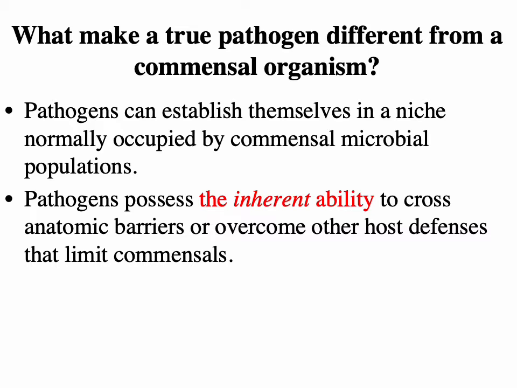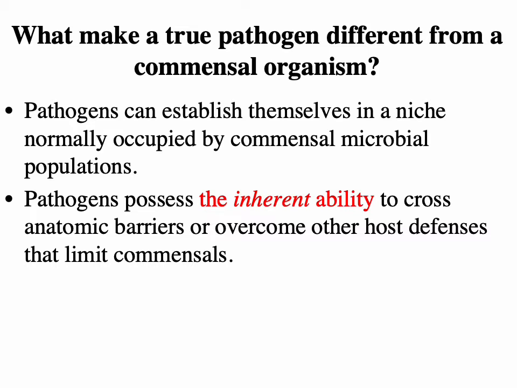The second point, pathogens possess this inherent ability to cross the anatomic barrier and overcome other host defenses that limit the conventional organisms. Now, conventional organisms, as we said earlier, you find them at different locations in the body, right?